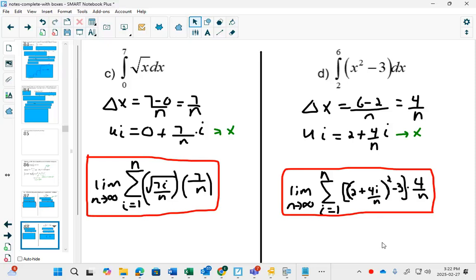And then we'll end on the next question, but it's a multiple choice. See if you can figure it out.